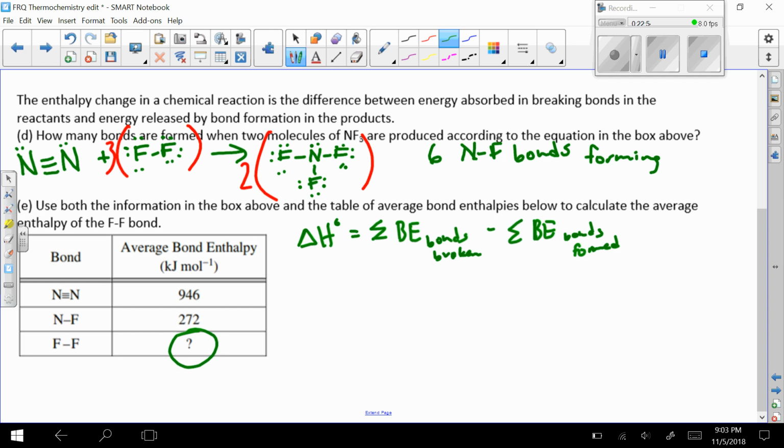So looking at that, all of the bonds broken, the values that we're going to use from the bond energy table, they don't really tell us this, but we need positive numbers. That's why it's written like that, because it requires energy put into the system. And when the bonds are formed, those are going to be negative numbers because that is energy that's released. And so that's what that negative means. It's released.